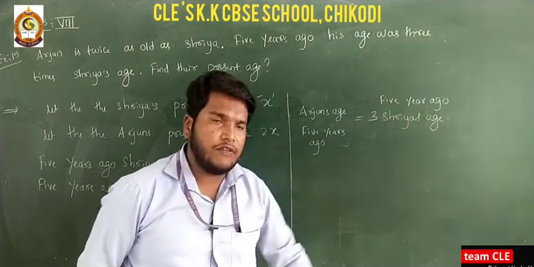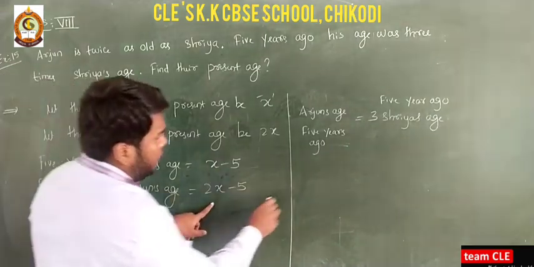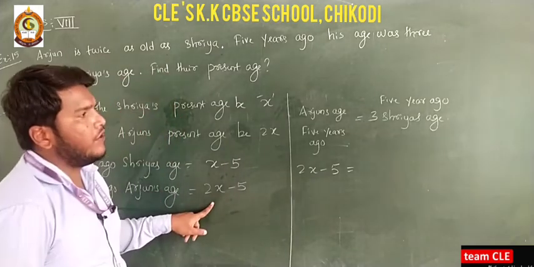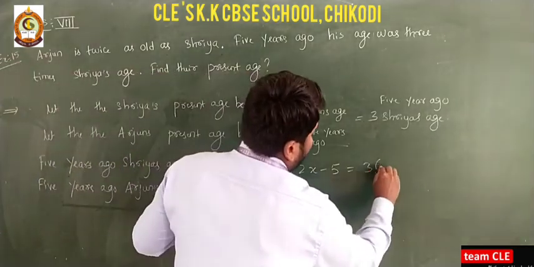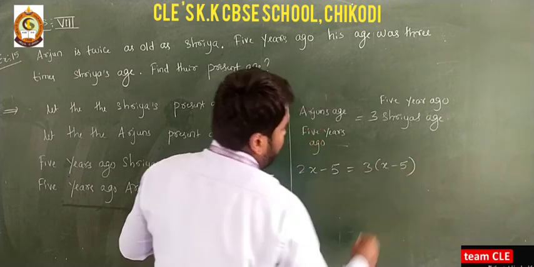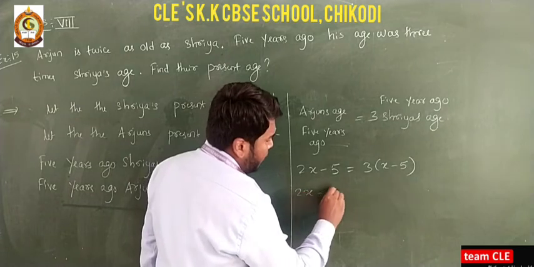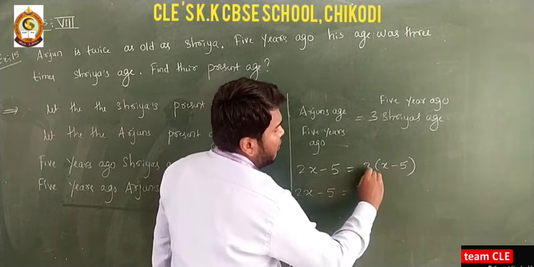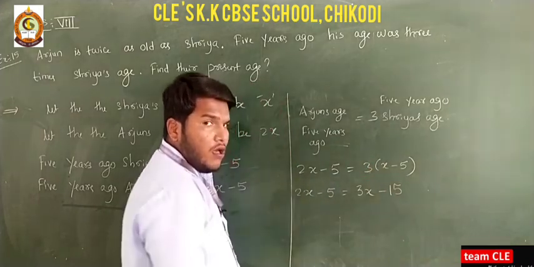So 2x minus 5 equals 3 times x minus 5. You can write this as 2x minus 5 equals 3x minus 15, since 3 fives are 15.